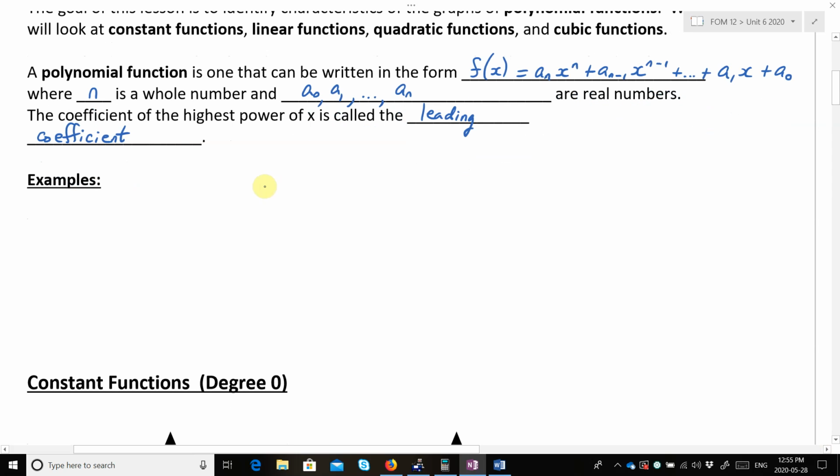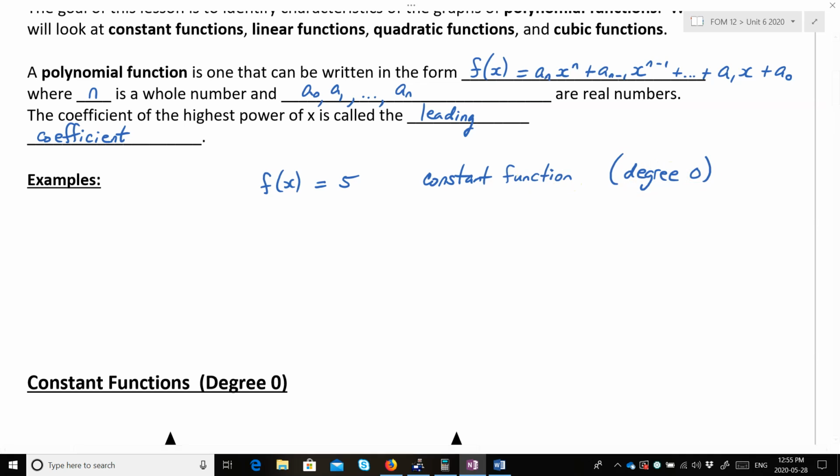Okay, and so some examples would be like f of x equals 5. This is what we call a constant function, because it's just a number 5. And it has degree 0 because the highest power of x is x to the 0. There are no x's.